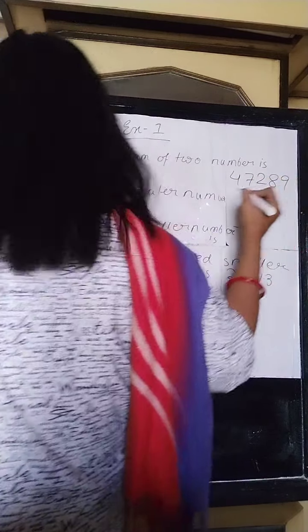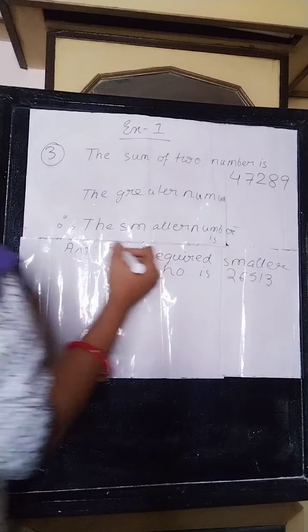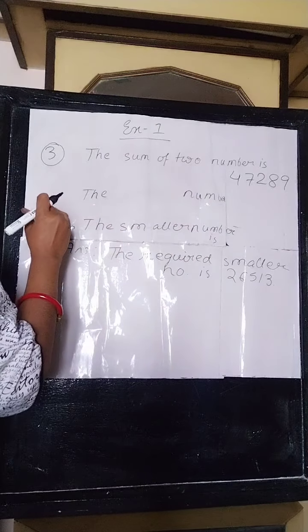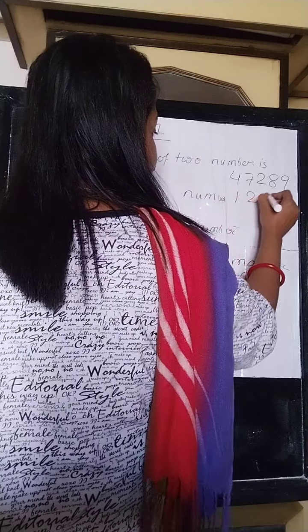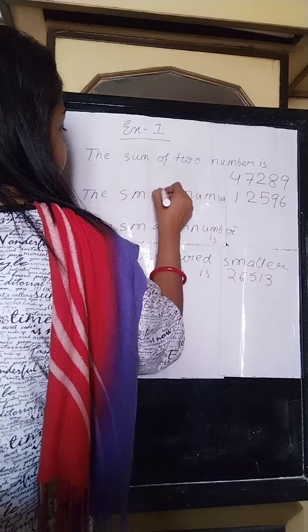The smaller number is given, 12596. You have to find out the greater number.